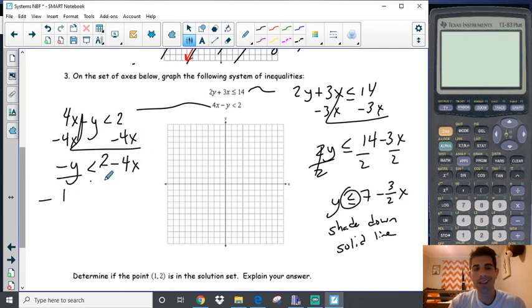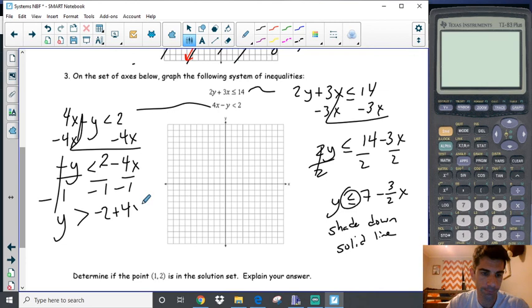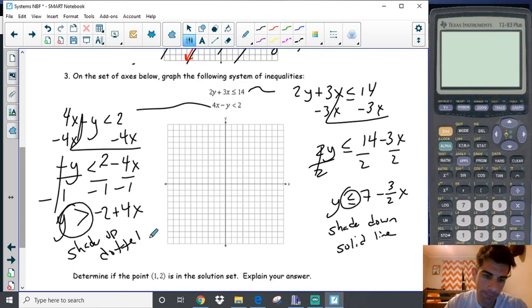Now I'm going to divide here by negative 1. Now if you remember, when you divide by negative 1 with inequalities, you have to switch the inequality. And there you go. There's that line there. So let's say, okay, he's going to shade up, and he is going to be dotted.